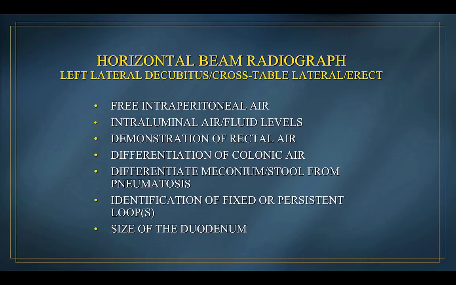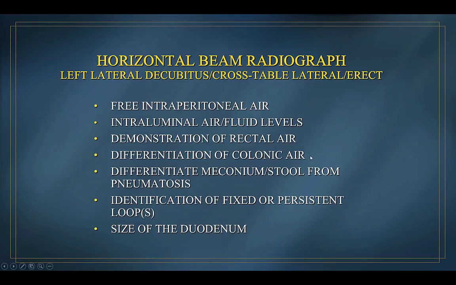The presence of air fluid levels other than in the stomach or the rectum points you in the direction that maybe you're dealing with a baby that has NEC or a baby that has a distal intestinal obstruction. But in addition to these two things, a supine film may not clearly demonstrate whether the baby has air in the rectum or not, and that's very important in assessing babies that may have a distal intestinal obstruction.